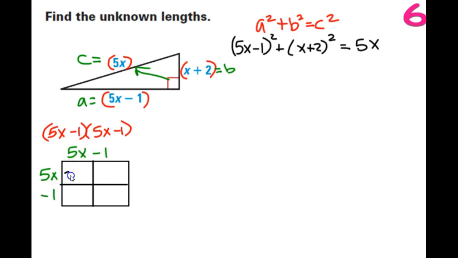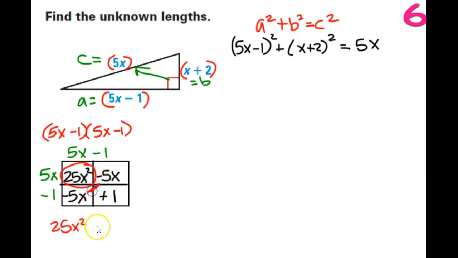So 5 times 5 is 25, and x times x is x squared. 5 times negative 1 is negative 5 with the x. Same thing down here, negative 5 with the x. And a negative times a negative makes a positive 1. So far, we have 25x squared.